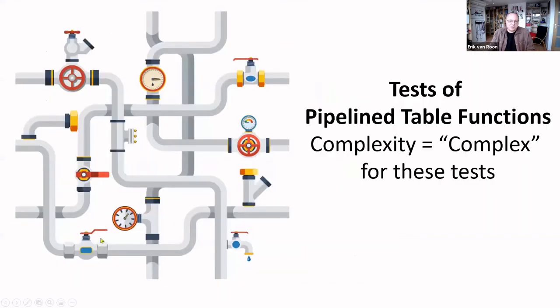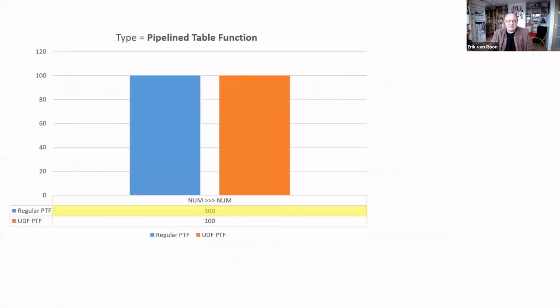Pipelined table functions. This test is with complexity complex, and for all these tests, it was just one test. If we look at the results, then that's a bit disappointing. There is absolutely no performance gain whatsoever.